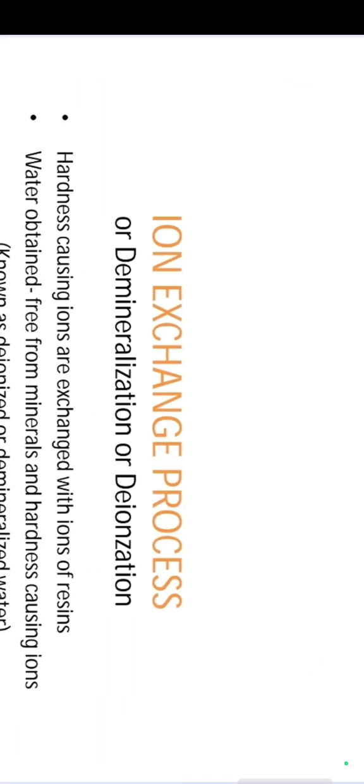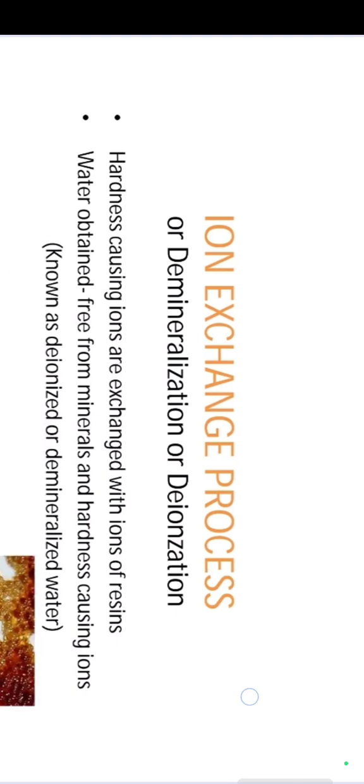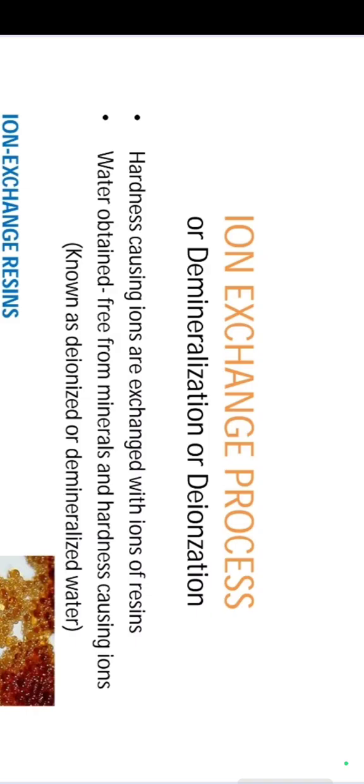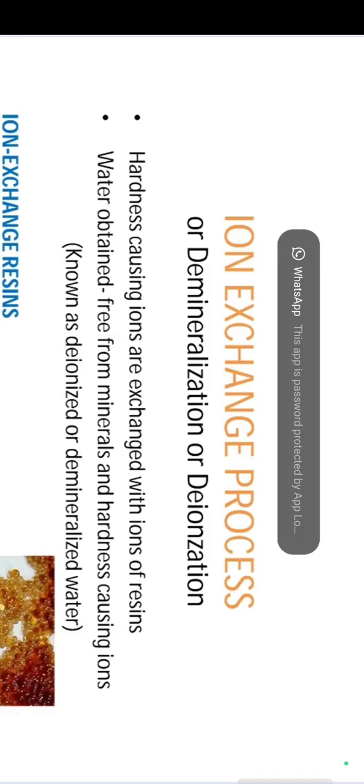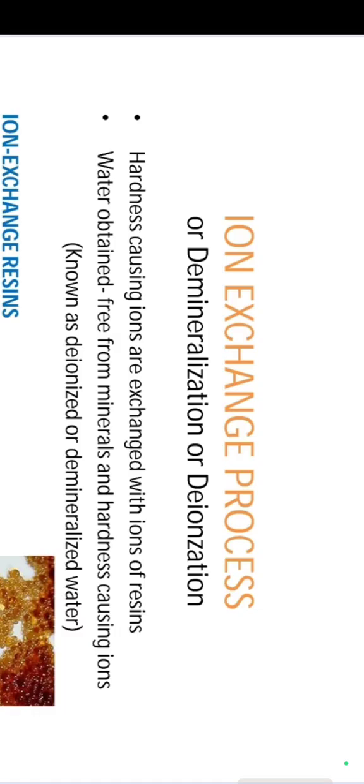The ion exchange process is otherwise called the demineralization process or deionization process. In this process, all the ions, both the cations and anions present in the hard water, are removed.